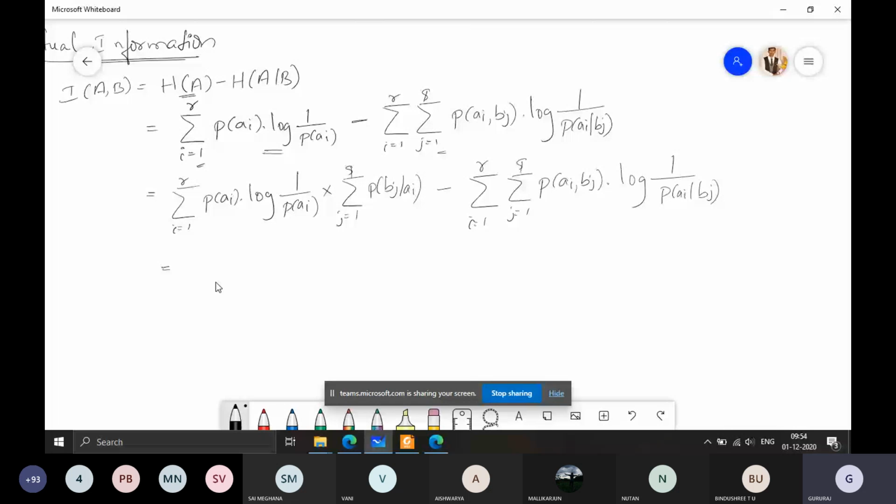This implies, summation i = 1 to r, then I'll take the summation j = 1 to s.